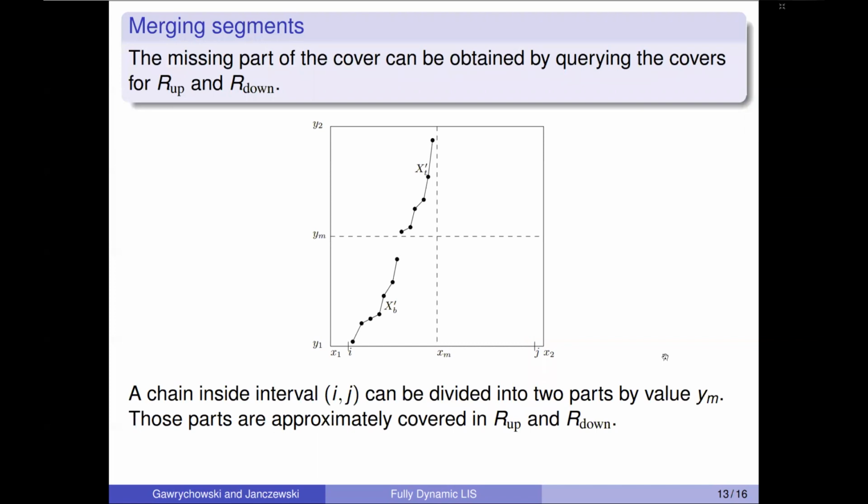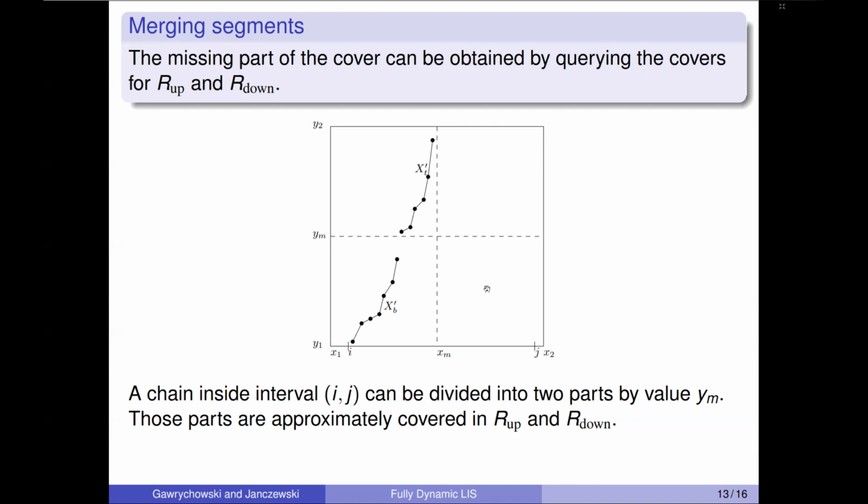By that I mean, let's say that we have a subarray starting at index i and ending at j, and that subarray crosses the middle x coordinate. And there is some chain inside this subarray. So this chain can be cut into two chains: one contained strictly in the upper rectangle, and one contained strictly in the lower rectangle.